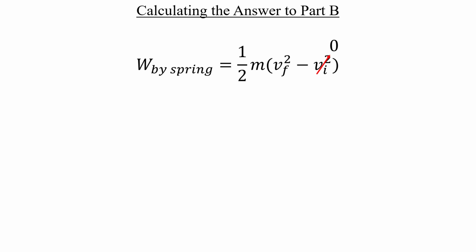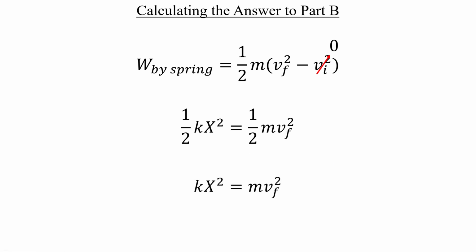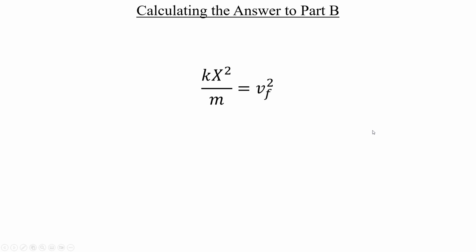The work done by the spring on the ball is that 1/2 kx squared quantity, and since there's a factor of 1/2 on both sides, let's get rid of that as well. If we divide both sides by the mass of the ball and take the square root, we get our expression for the velocity of the ball as it reaches the uncompressed length of the spring.